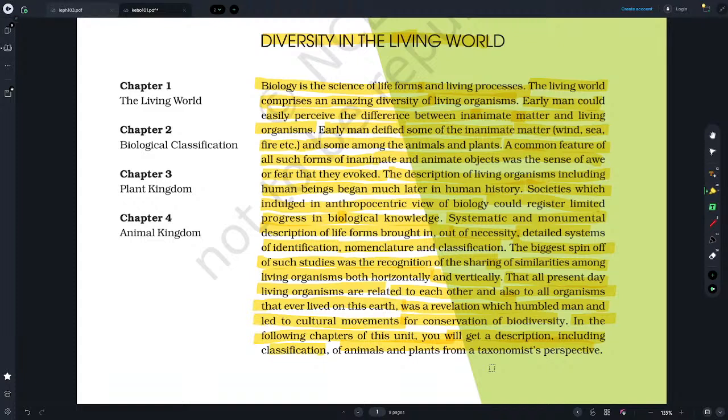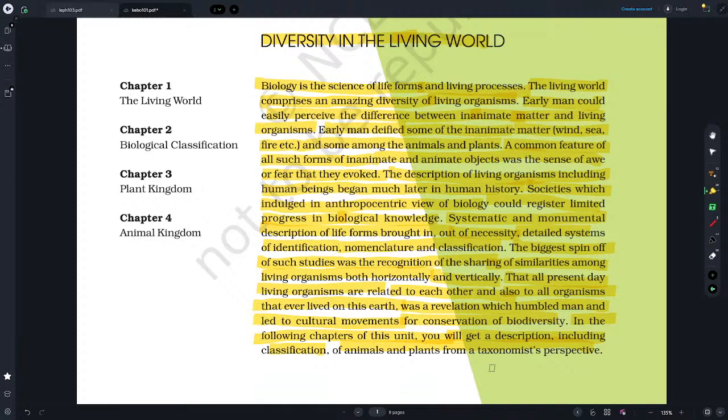The description of living organisms, including human beings, began much later in human history. The humans described and defined other objects first, but the human definition of human itself came much later, when man evolved much more or understood much more. Societies which indulged in anthropocentric view of biology could register limited progress in biological knowledge.